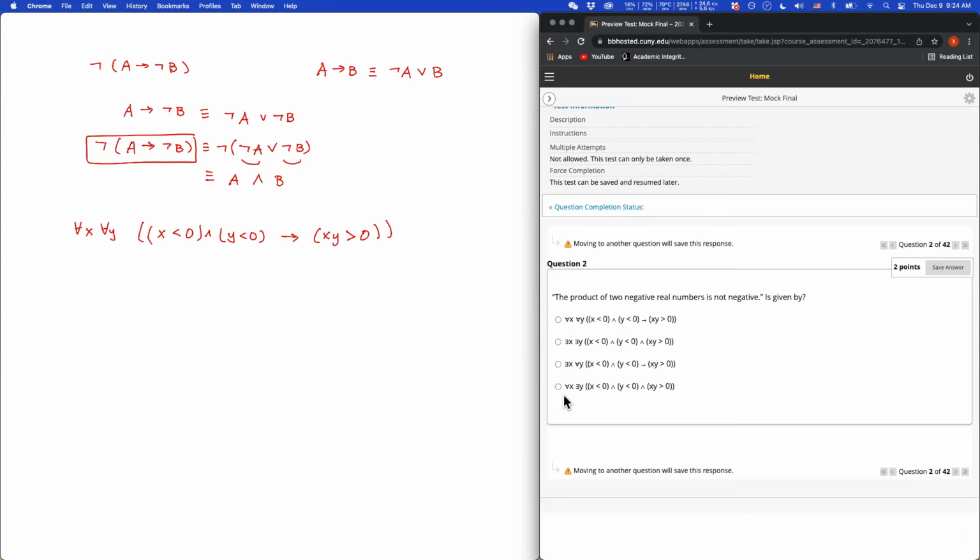So the answer choice will be, oh wait, it will be the first one. For all x and y, x less than 0 and y less than 0 implies x times y greater than 0. Okay.